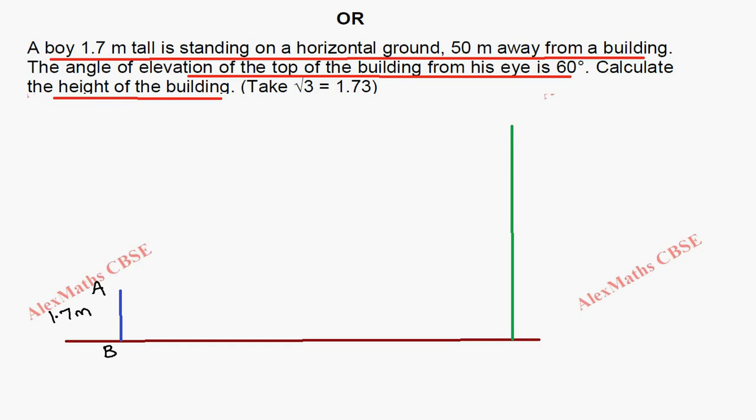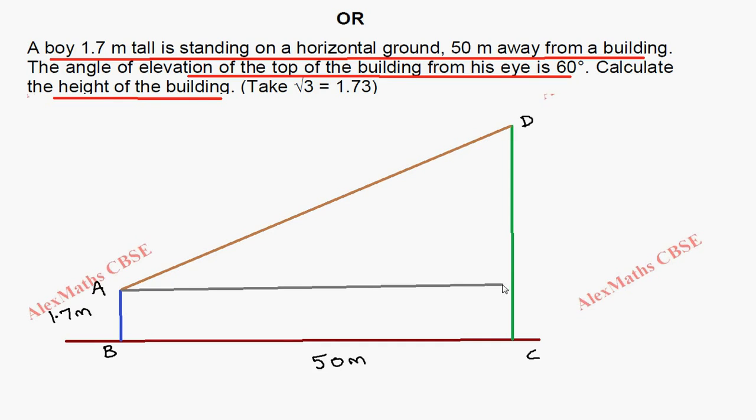So let's take the building as CD, and this is 50 meter, and the angle of elevation of the top of the building from his eye is 60 degree. So from here he sees the top of the building. So we have to connect the horizontal level, and this makes 60 degree.